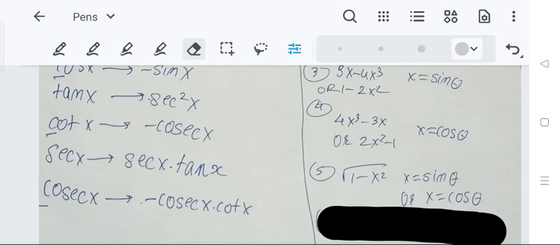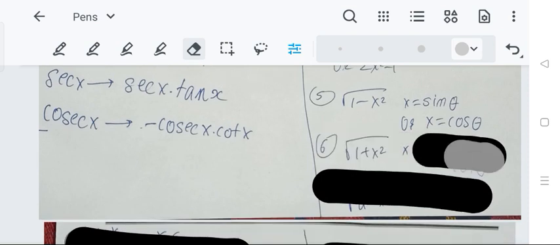You know the identity that sine square theta plus cos square theta is equal to 1, so that is basically 1 minus sine square theta or 1 minus cos square theta if you put it in terms of x. Next is root of 1 plus x square. Similarly, with this identity, put x is equal to tan theta or cot theta.